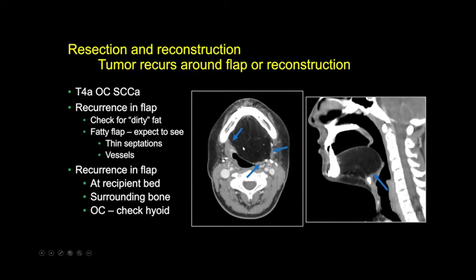But the critical place to look carefully is at the recipient bed, that interface between the flap and the native soft tissue. So along the lateral pharyngeal wall, this is where the flap has been sewn in. We're looking here for any nodularity, any mass, any local induration of the fat. This flap has also been laid carefully along the posterior pharyngeal wall, right near the carotid sheath and the styloid process.